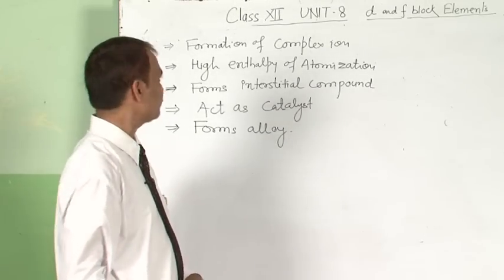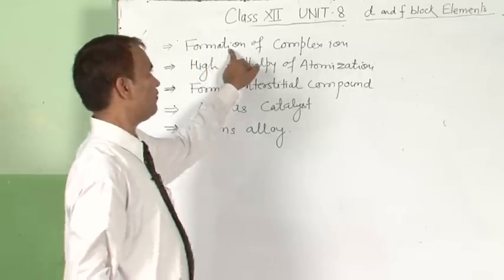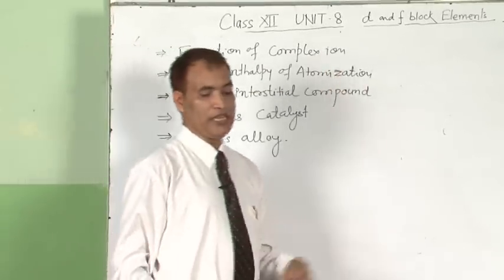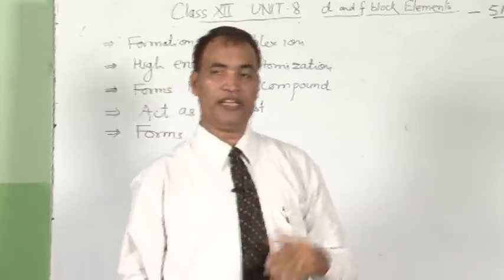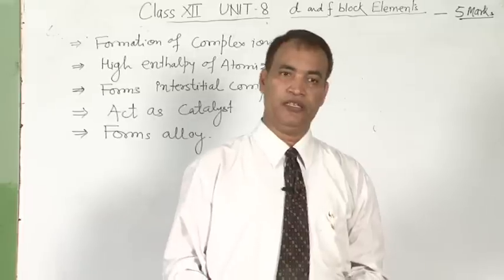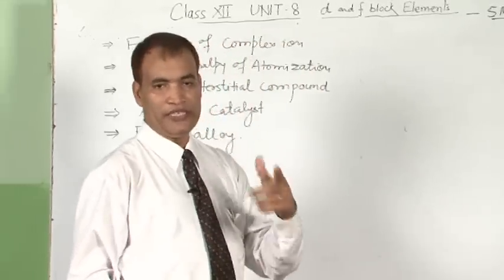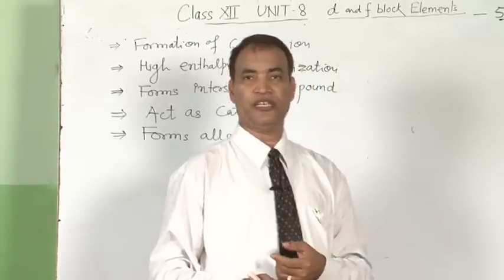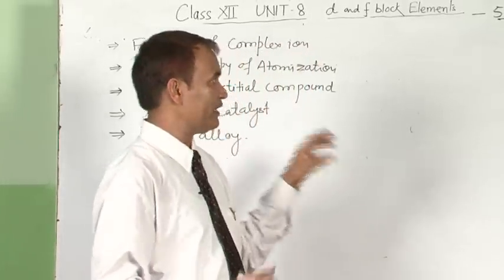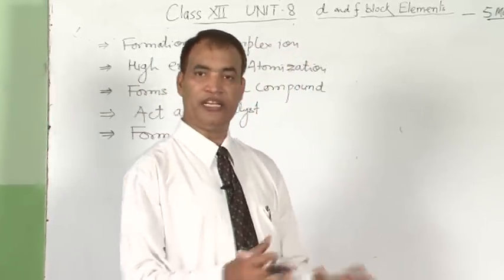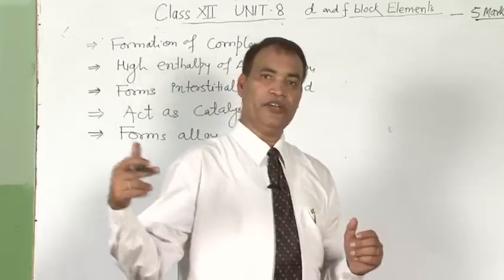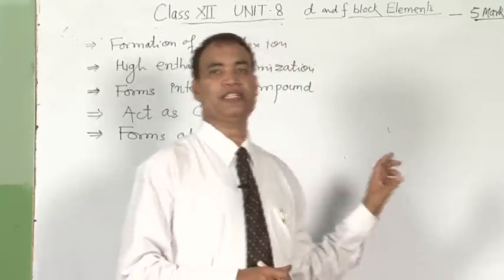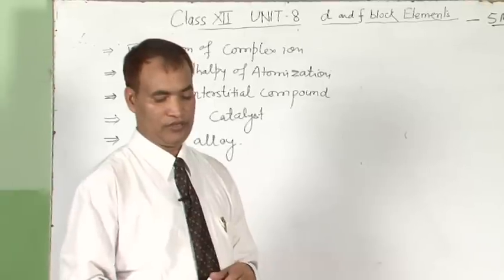Next characteristic, transition metals form complex ions. The question can be asked, why do they generally form complex ions? You will study complex compounds and complex ions in the next chapter, that is coordination compounds. But there is the question, why they form complex ions. Complex ions are generally formed by the donation of electrons from the ligands to the metal ion, and generally the metal ions are transition and inner transition metals.